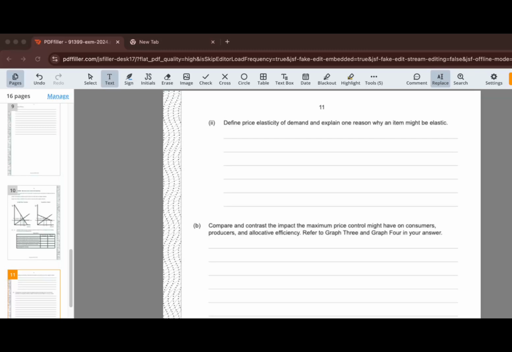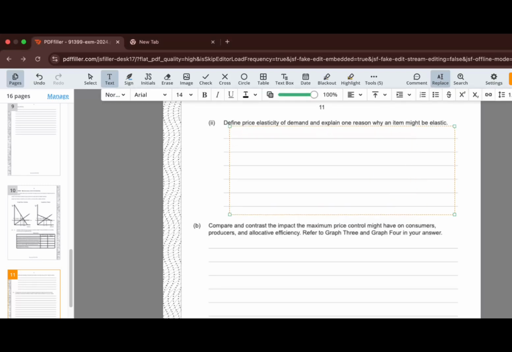Alrighty, guys, so moving on to our next section here, II. We're looking at defining price elasticity of demand and explaining why one item might be elastic. Okay, so we'll just get a little text box set up here, guys. Alrighty, so just remembering that price elasticity of demand is measuring the extent of a change in the quantity demanded of an item in response to a price change.